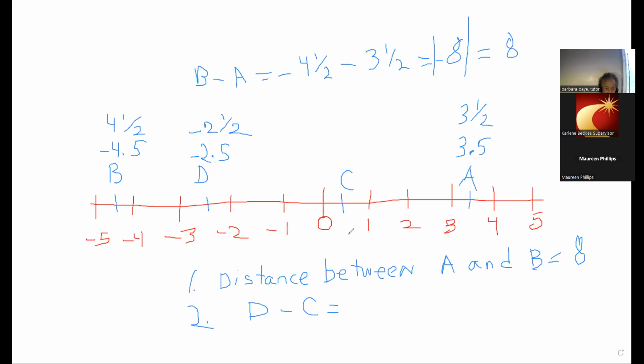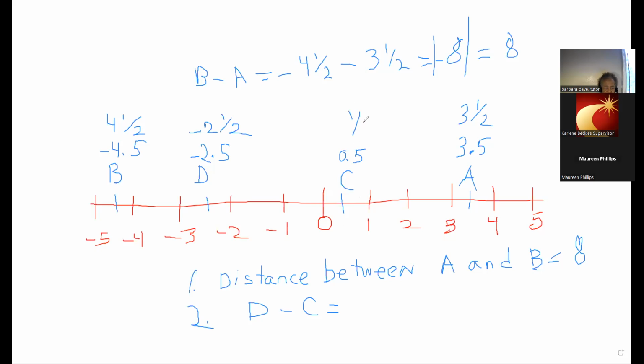And it's midway between. So what's that, Maureen? 0, 1, what's that value right there? 1/2. That's right. So it would be 0.5. Let's put 0.5 or 1/2.